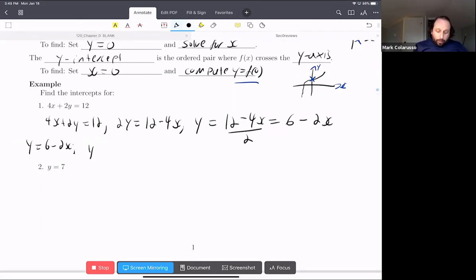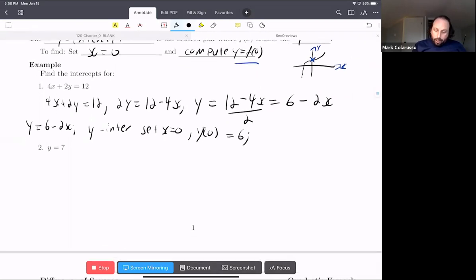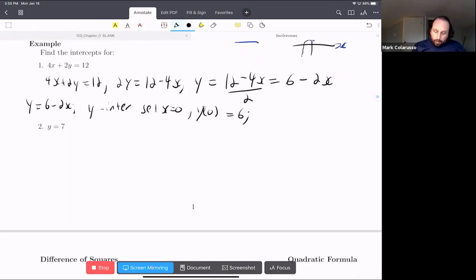So for the y-intercept, it's given by setting x equal to 0 and solving. So y of 0 is 6. So the y-intercept here is (0, 6). I'm running out of room, so I'll borrow some room from here.